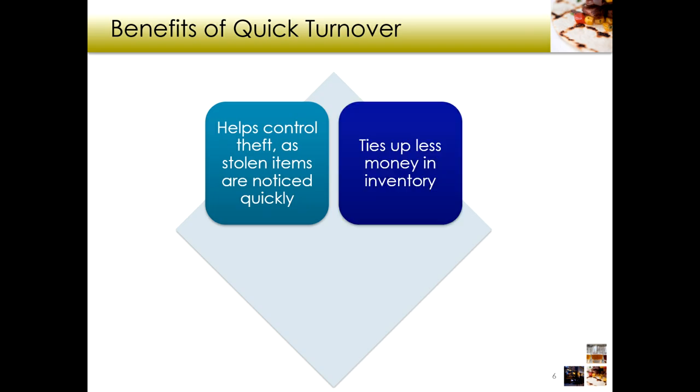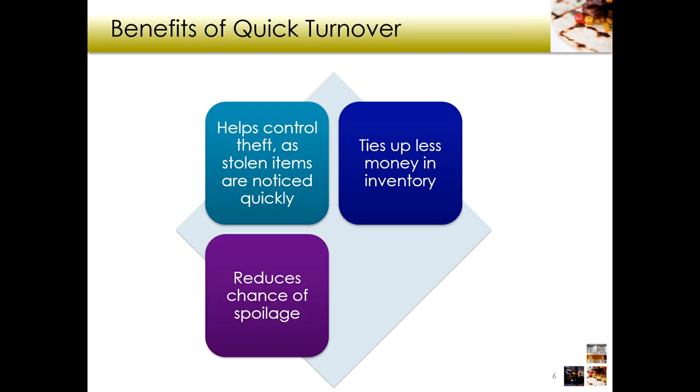It's also going to help us not have as much money tied up in that inventory. If our inventory is $50,000, we can't use that $50,000 unless we do something with the food, right? So if we have an extra $25,000 sitting there, we can't use it to pay our rent, pay labor, pay any of our other costs, or maybe even have some profit, right?